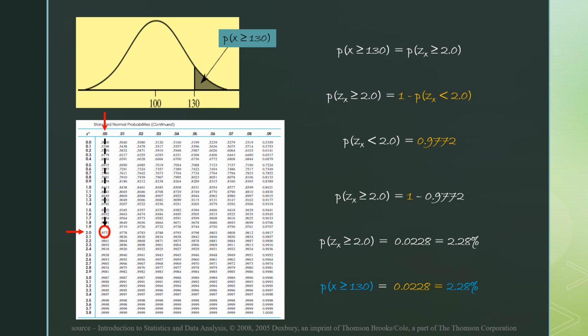And thus, the probability of x greater than or equal to 130 equals the probability of z of x greater than or equal to 2.0, which is 0.0228, in other words 2.28%. Therefore, 2.28% of the aspirants qualify for admission.